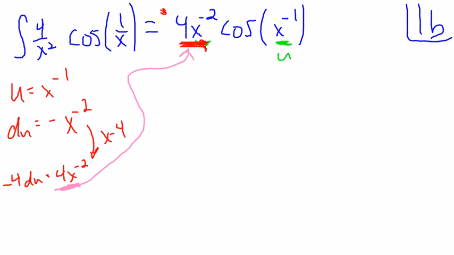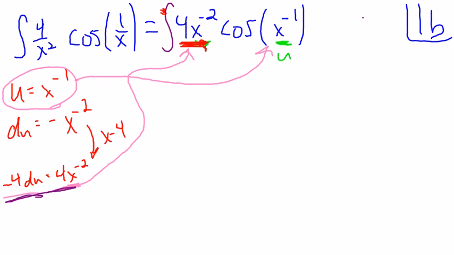So what I'm going to write instead is negative 4 du. And then I'm going to put this guy in right there. So I'll go ahead and do that. Maybe we'll do it in purple. So what I get is, I'll do this piece first. Oh, I forgot my integral sign.